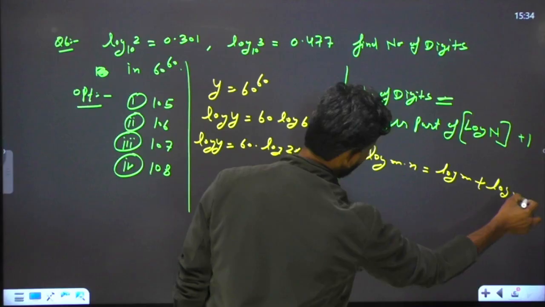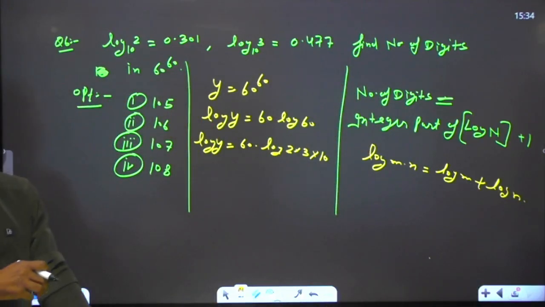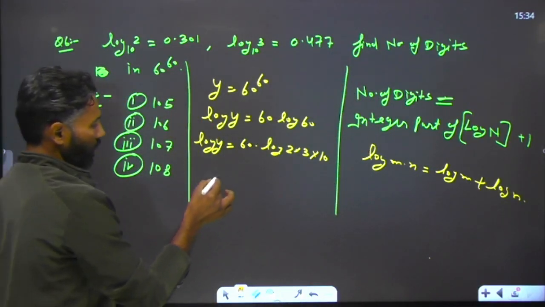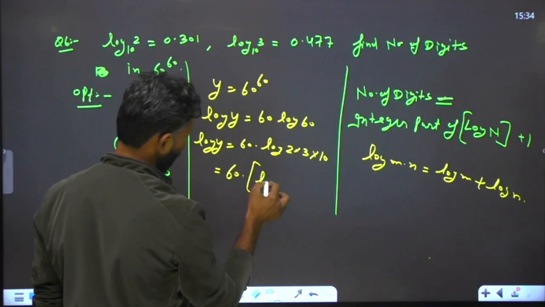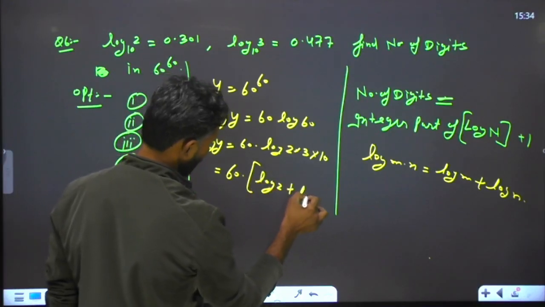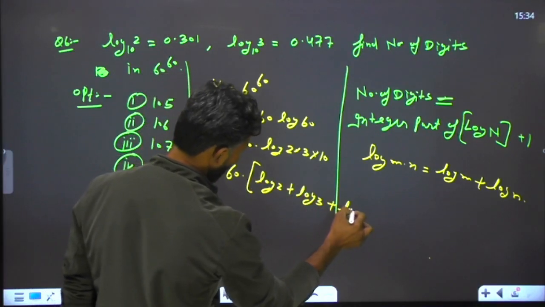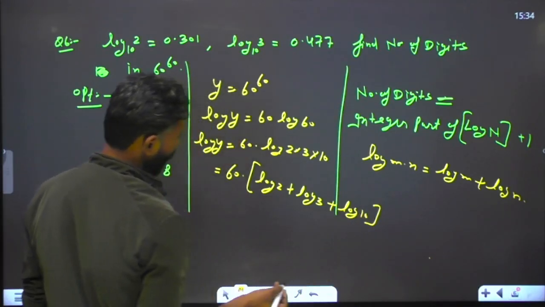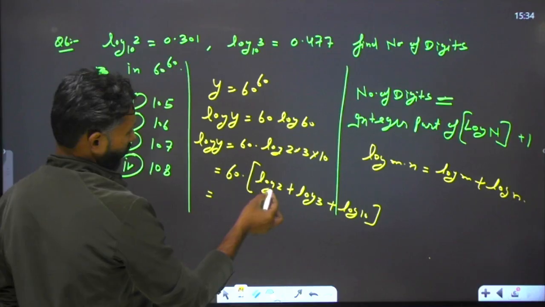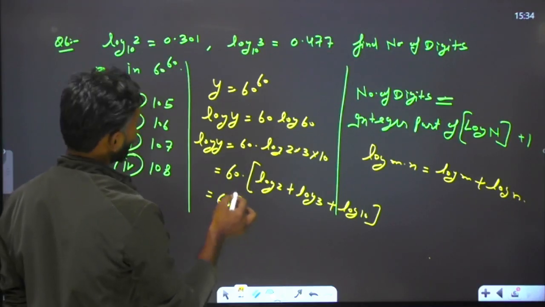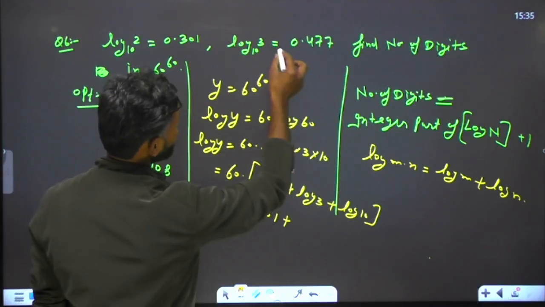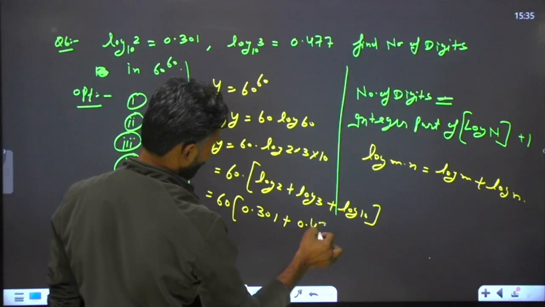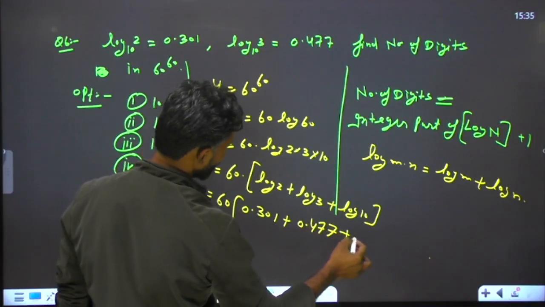So it will be 60 multiply within bracket log 2 plus log 3 plus log 10. The value of log 2 is given, 0.301, the value of log 3 is given, 0.477, and the value of log 10 is 1.